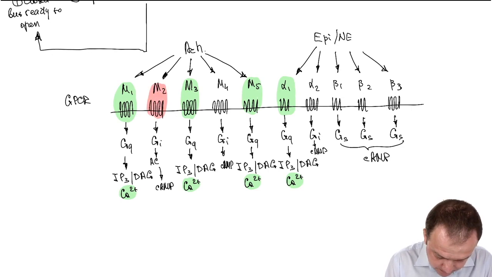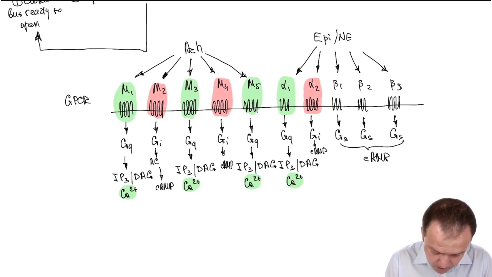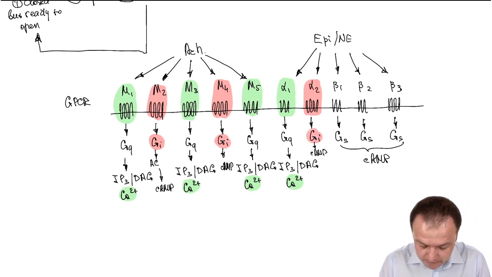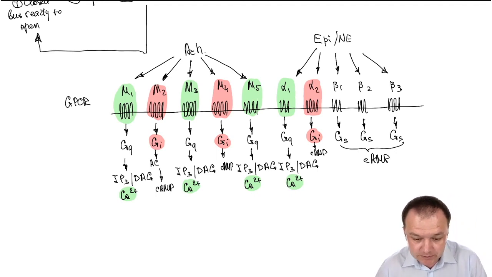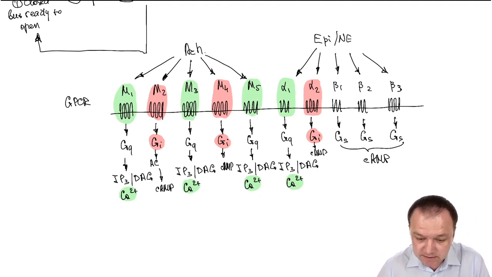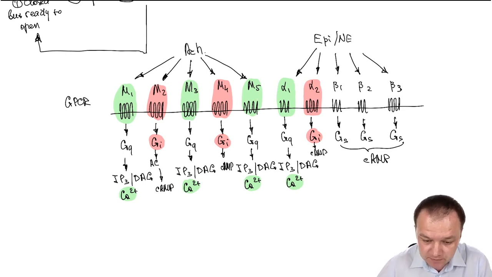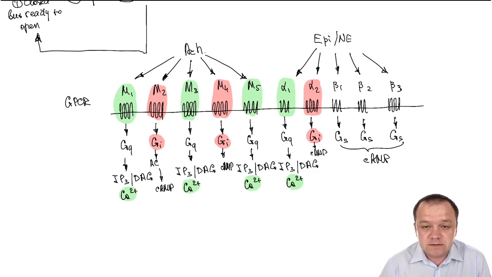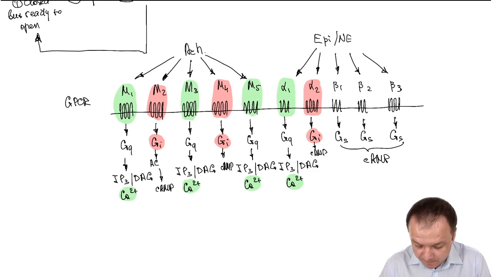M2, M4 and alpha 2 receptors couple with Gi, or inhibitory G protein, yeah, Gi is an inhibitory protein, and this inhibitory G protein inhibits adenylate cyclase, and as a result we have a decrease in cyclic adenosine monophosphate level.